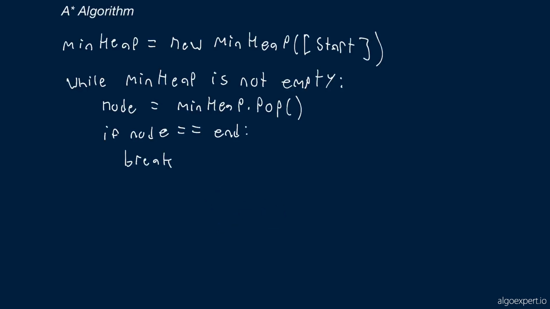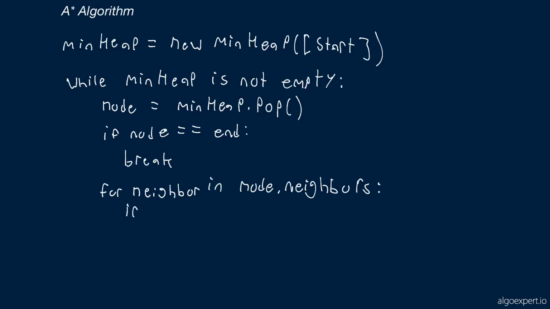Now, if it is not equal to the end, what we need to do is look through all of the neighbors of that node. So we're going to say for neighbor in node.neighbors. Of course, this is not exactly what the algorithm is going to look like, but just some rough pseudocode so we get an idea. So then what we will do inside of here is we'll first check to make sure the node is not an obstacle.